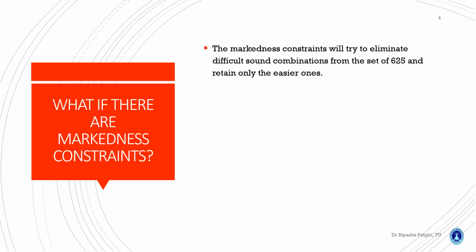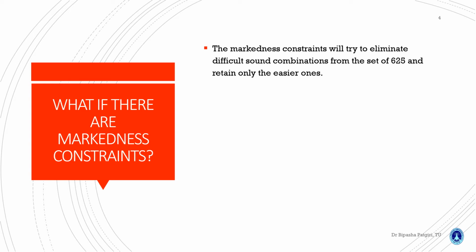Markedness constraints will try to eliminate these difficult sound combinations from the set of 625 and retain only the easier ones. And that is the job of the markedness constraint or constraints, because markedness constraints want to have well-formed output structure in any condition.